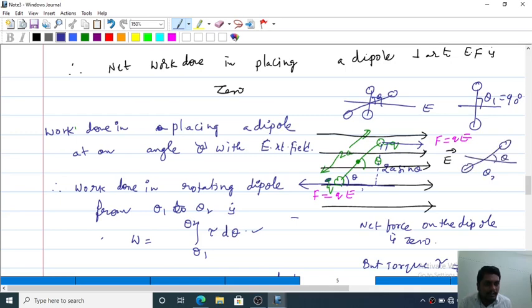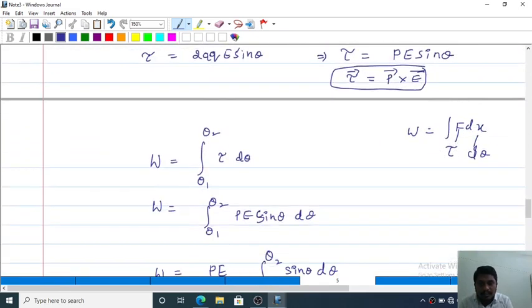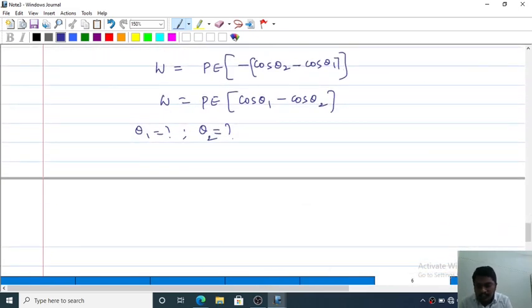So theta 2 is equal to theta and theta 1 is equal to 90 degrees. The initial position is perpendicular.